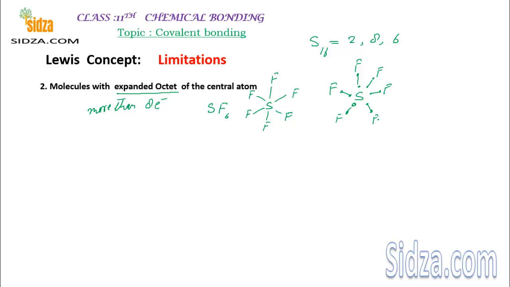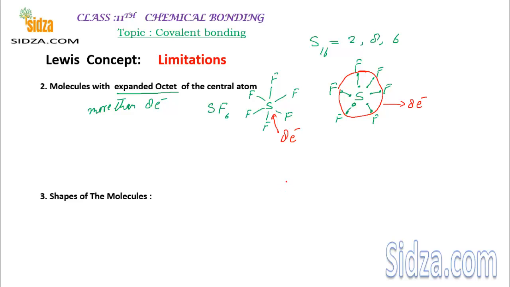So the Lewis concept cannot explain the stability of a molecule that contains more than 8 electrons in the outermost shell. So, an expanded octet.